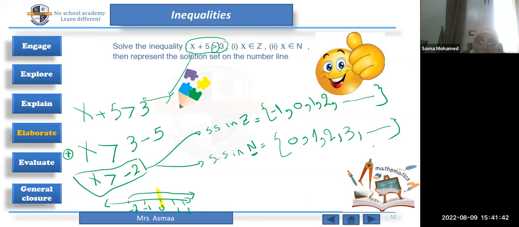But in solving it, like the equation, the plus, kids, moves to the opposite by minus. The minus moves to the opposite by plus. Multiply moves to the opposite by divide. Divide moves to the opposite by multiply. Understood or no?